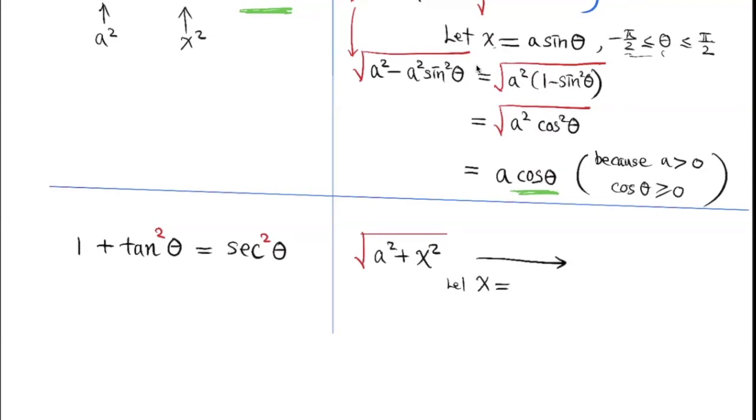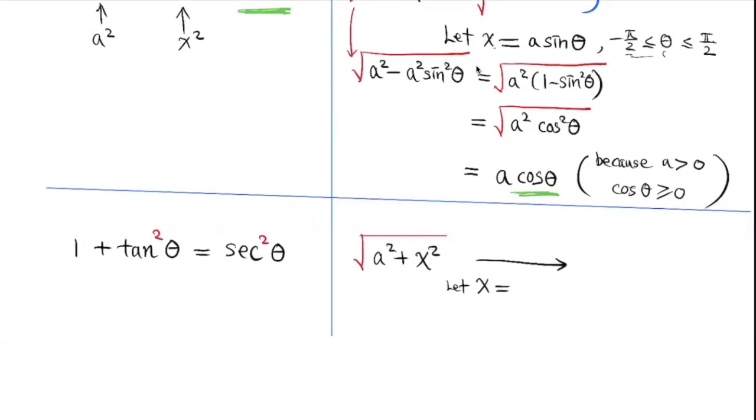Looking at this identity over here. Tangent squared. Almost. Okay, try it one more time. So think about this corresponding to this a squared, right? This corresponding to the x squared there. So 1 plus tangent squared.